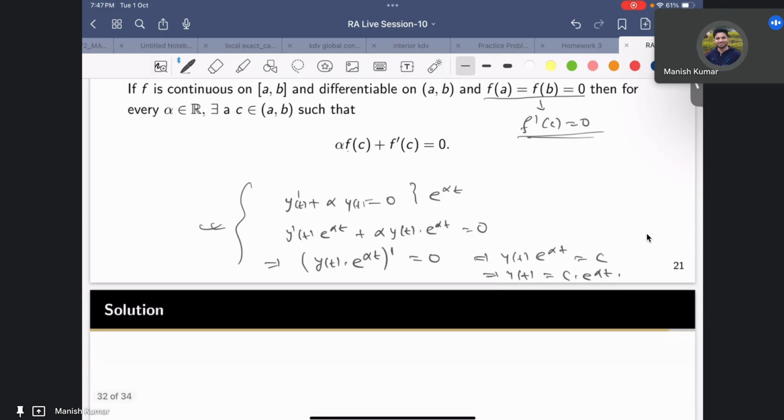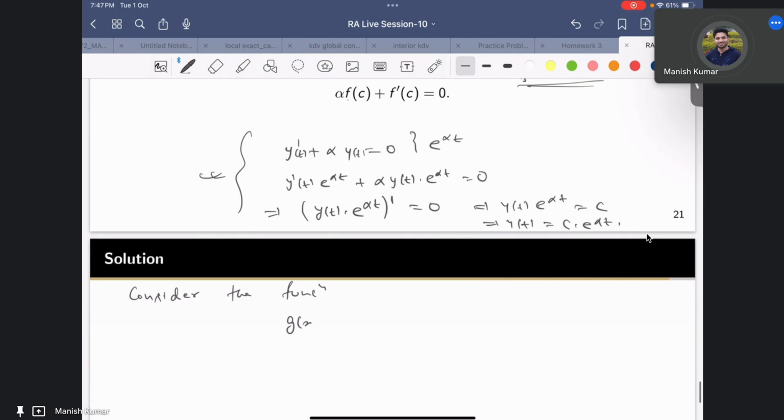So consider the function g(x) = e^(alpha x) f(x). Now maybe I can rub this off.